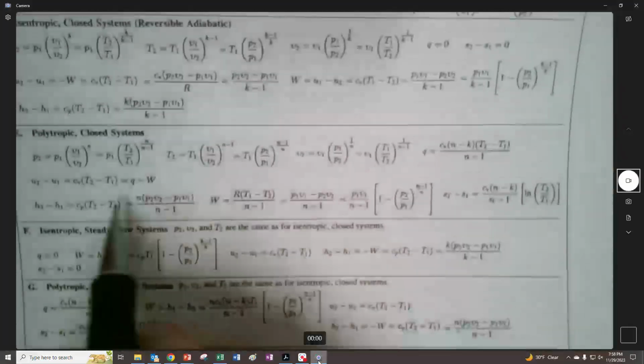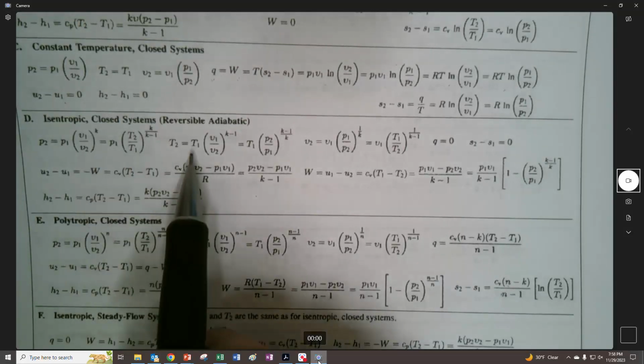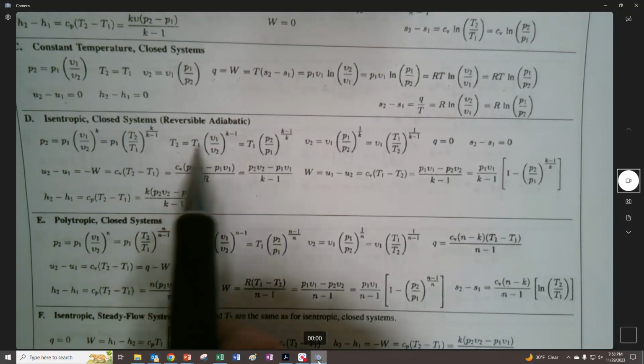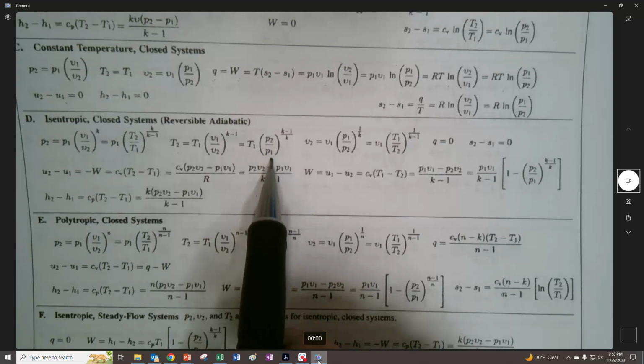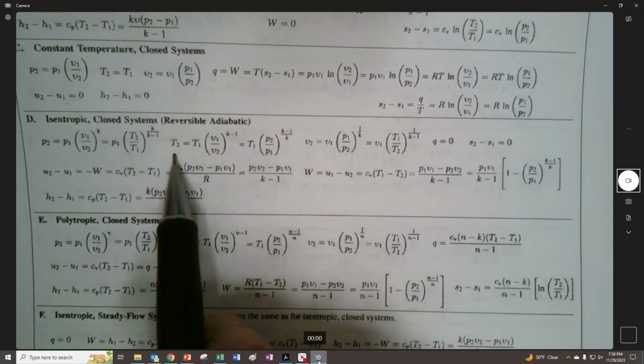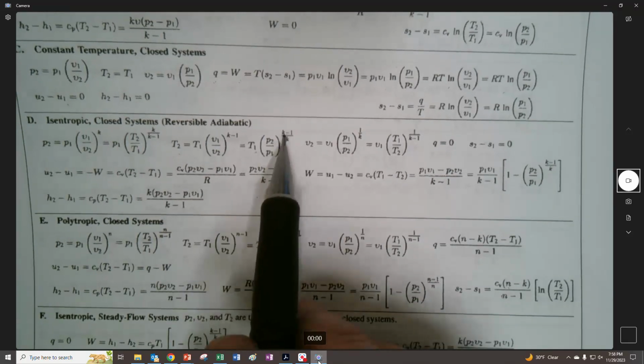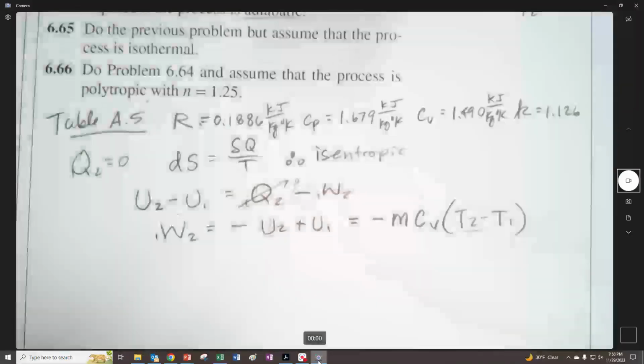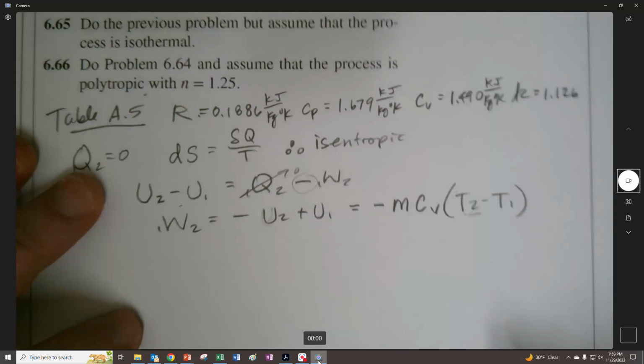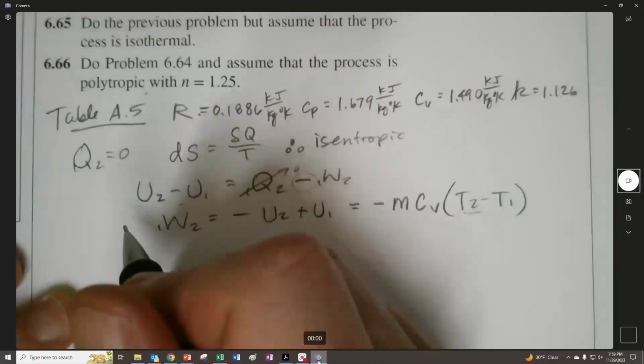We can find T2 from P2 over P1: T2 is equal to T1 times (P2 over P1) raised to the (k minus 1) over k. Even though in this class we've been doing polytropic process, we see the same equation.